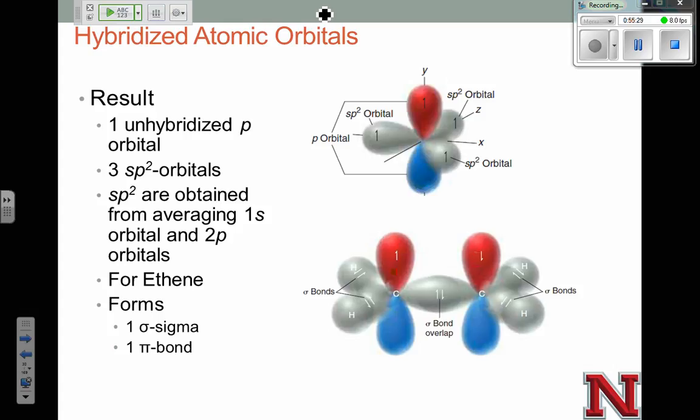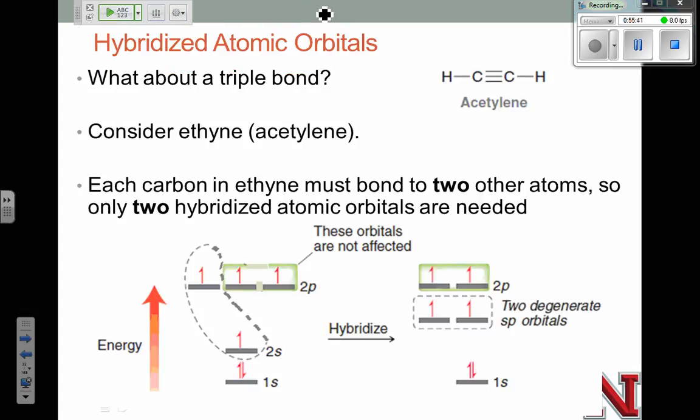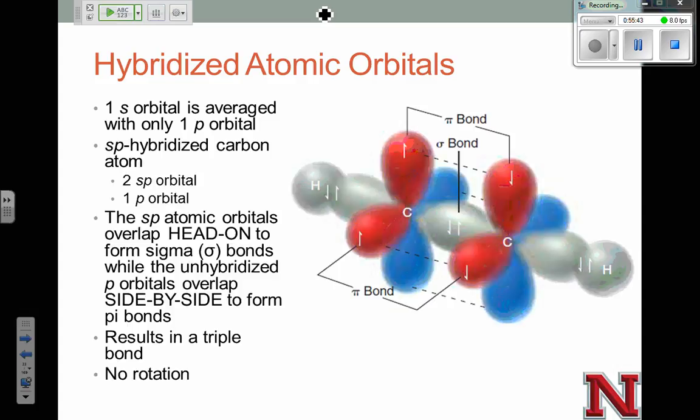If it's sp3, all 4 have that sp3 length. If it's sp, those 2 sigma bonds are going to have that length. And because of this side-by-side overlap, again, with the pi bonds, we can't have free rotation.